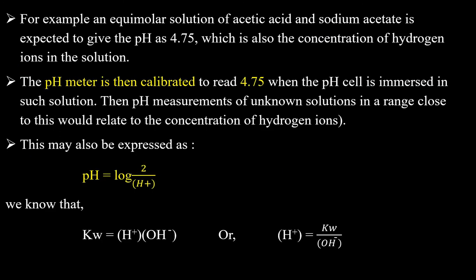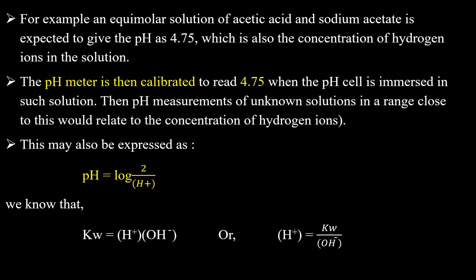For example, an equimolar solution of acetic acid and sodium acetate is expected to give a pH of 4.75, which is also the concentration of hydrogen ions in the solution. The pH meter is then calibrated to read 4.75 when the electrode is immersed in such a solution.